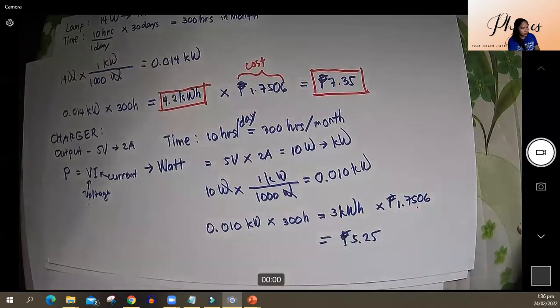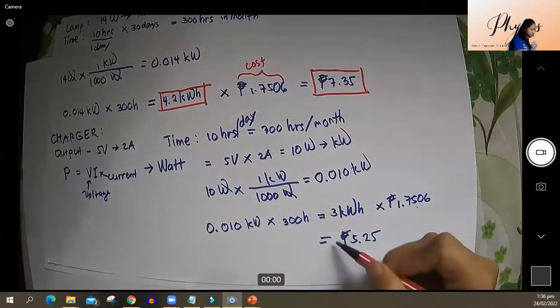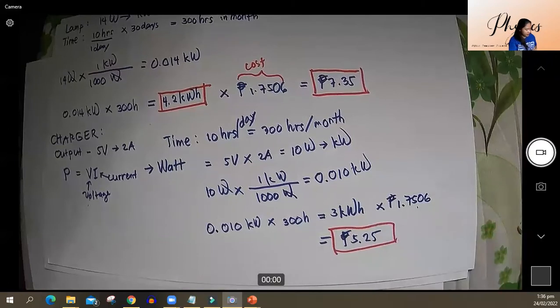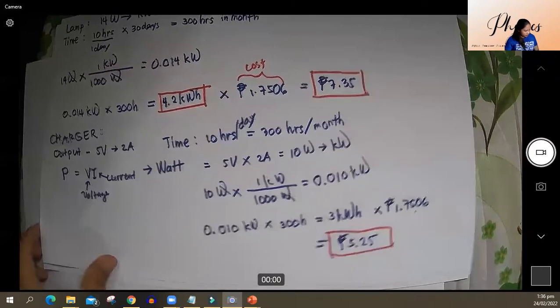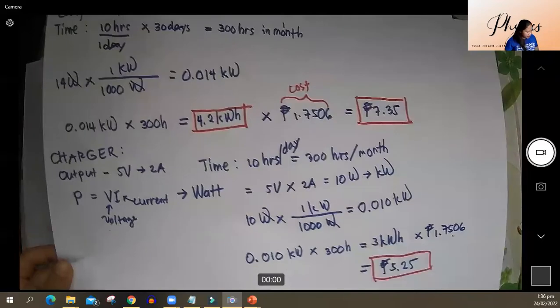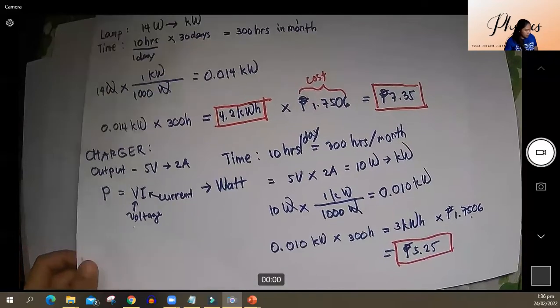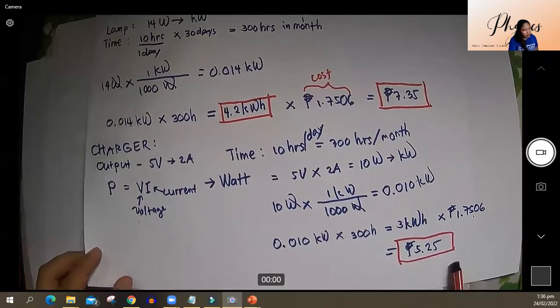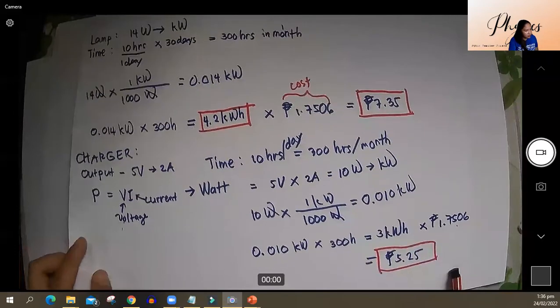As you see, it will give us a different answer depending on the power that's needed or the output that will be produced for different devices that we have at home.